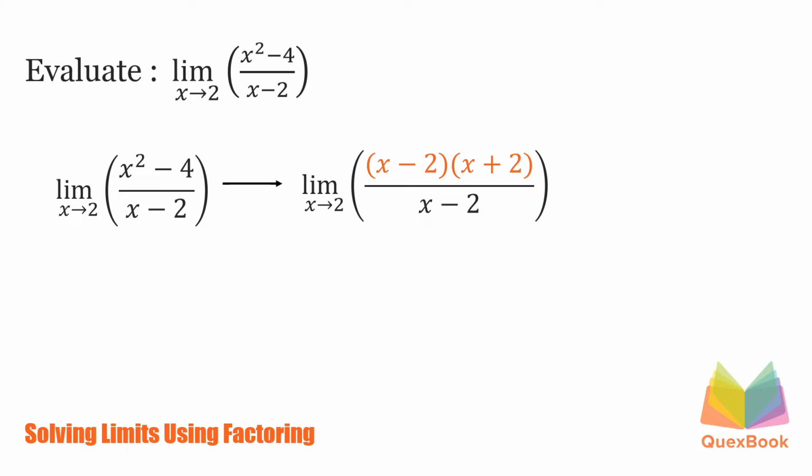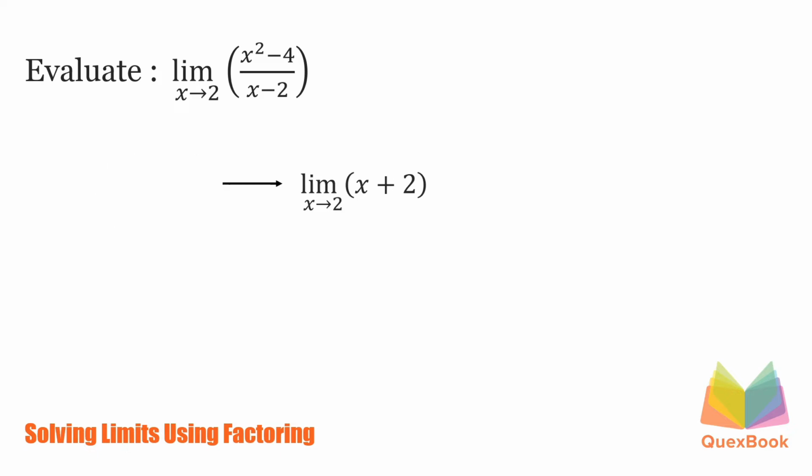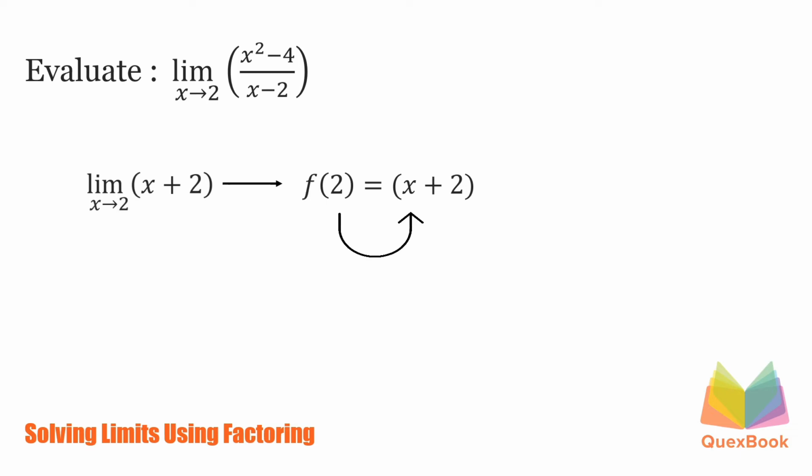Since we have x minus 2 in both numerator and denominator, we can divide them or cancel them out. Dividing x minus 2 in the top and x minus 2 in the bottom gives you 1. So our remaining function will be x plus 2. Now, we can use direct substitution. Plug in 2 to the equation, we'll have 2 plus 2 is 4. Therefore, the limit of our function is 4.